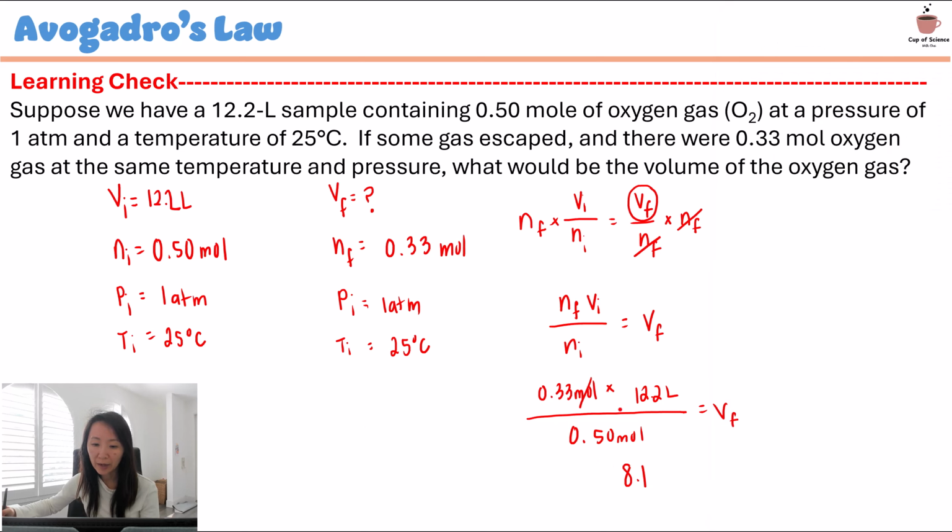We have moles canceling out and just liters left. So my V final is 8.1 liters. And this makes sense. It was at 12.2, and since gas has escaped, the volume has diminished to 8.1, because there is a direct relationship between number of moles and volume.